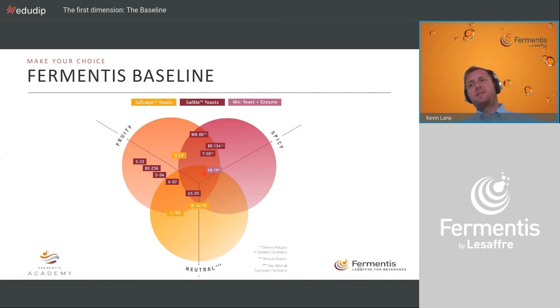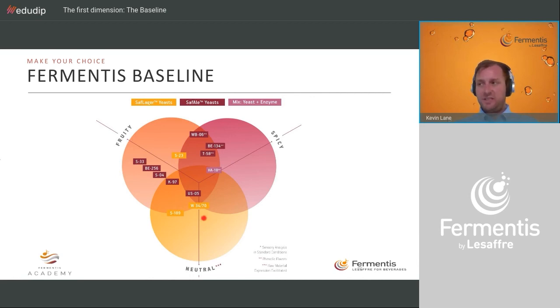Or you say, I want something that's very fruity and not spicy at all, and you just go up the fruity axis and select up here somewhere. Or I really don't want the yeast to impart that big of a flavor on the beer, so I'm going to come down here where it's just a neutral flavor coming from the yeast.